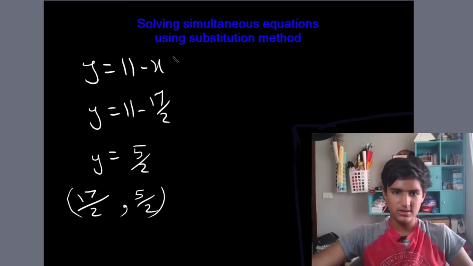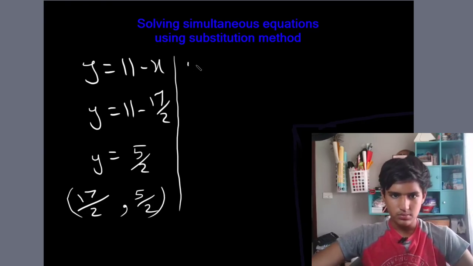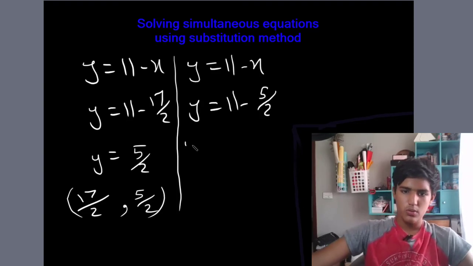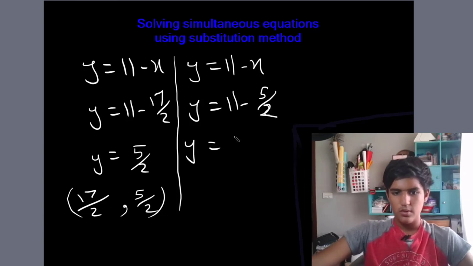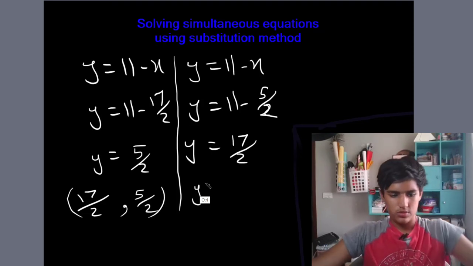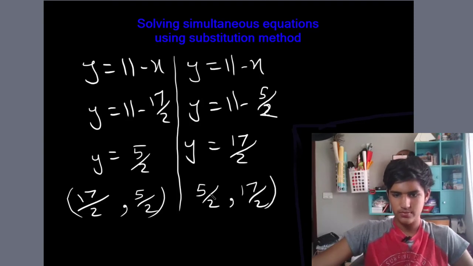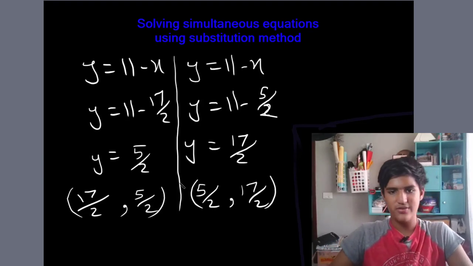That's one answer. y is equal to 11 minus 5 upon 2, y is equal to 17 upon 2. So 5 upon 2, comma 17 upon 2. So these are the answers for question number 20 of exercise 2.1.